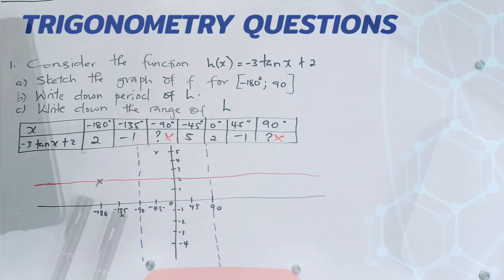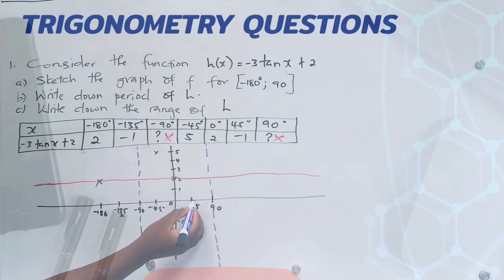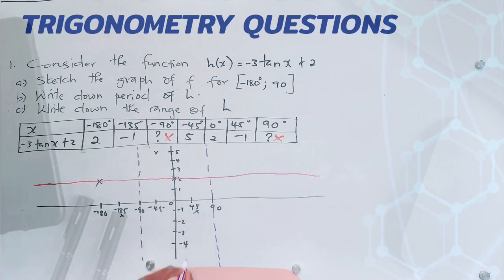Then we also have 0 and 2. Then we have 45 and minus 1. Then 90 is an asymptote line.